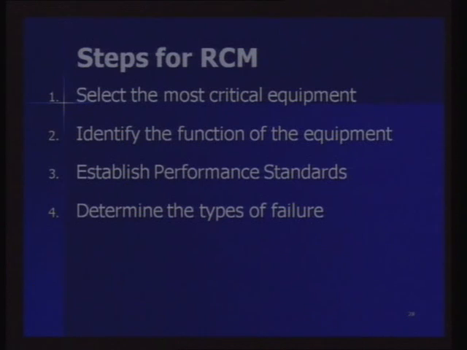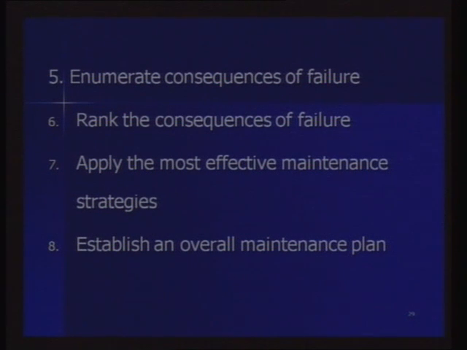So what are the steps in RCM, reliability centered maintenance? Select the most critical equipment, identify the function of the equipment, establish the performance standard, determine the type of failure. Fifth step is to enumerate the consequences of the failure. That means from the types of failure, we determine the consequences. Rank the consequences of the failure.